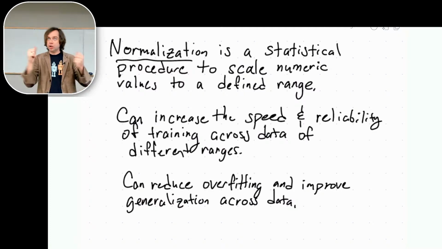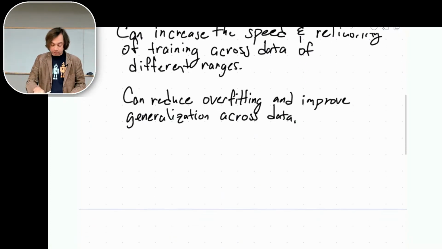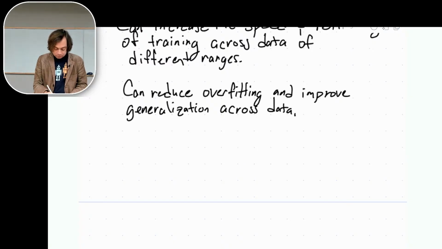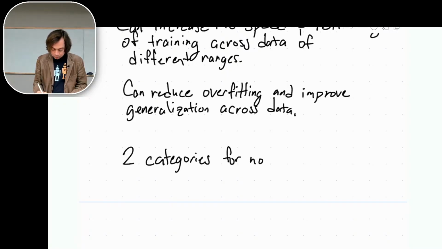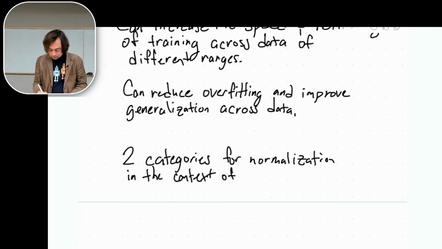There are two general categories for how you normalize in the context of neural network models.